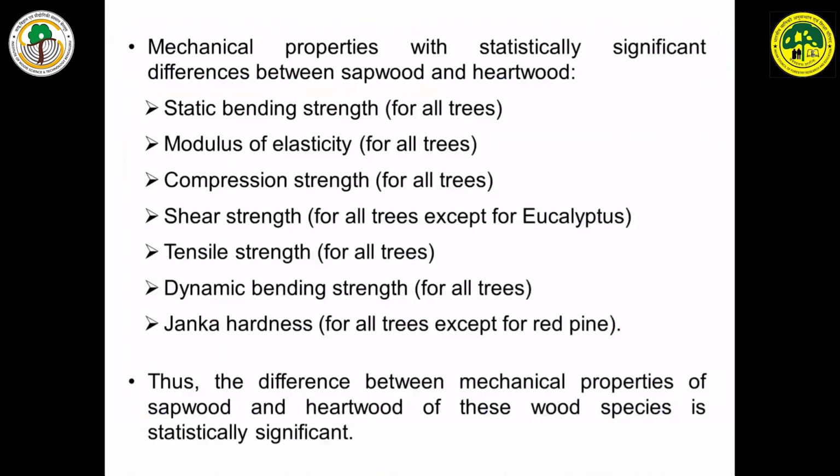So based on these tables, we can conclude that mechanical properties show a statistically significant difference between sapwood and heartwood, like static bending strength, where for all the trees there is a significant difference. Modulus of elasticity for all trees, compressive strength for all trees, and shear strength for all trees except the eucalyptus.